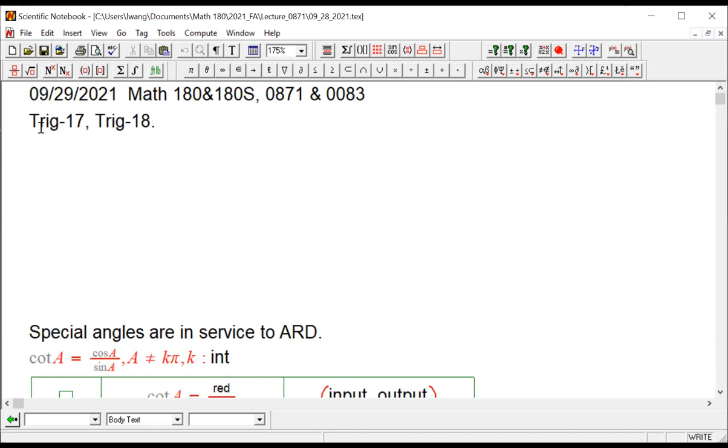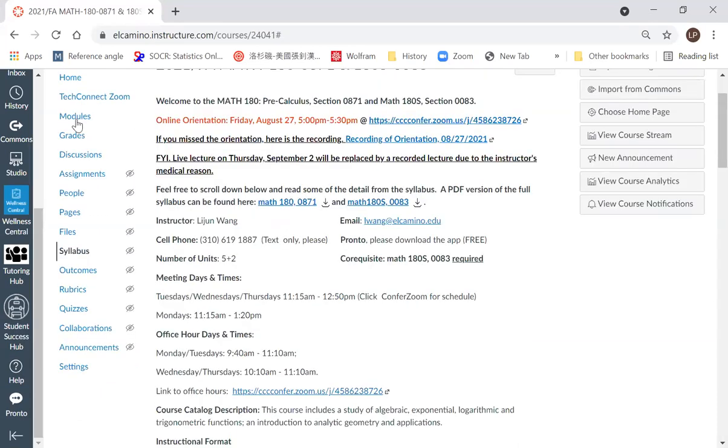In terms of this content, I already put that in the homework and sent it to you in the inbox and on Pronto. I pointed out there are certain materials that I have done before. I put those recordings here in the module.